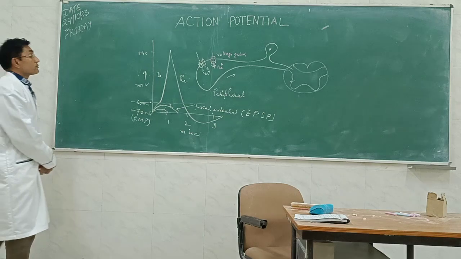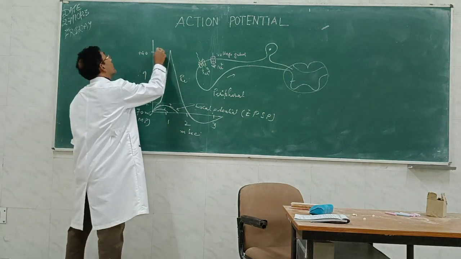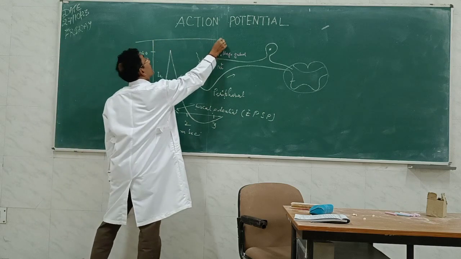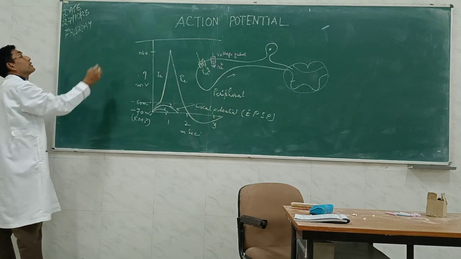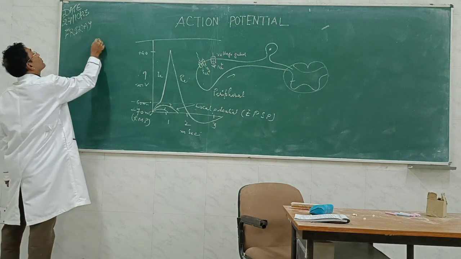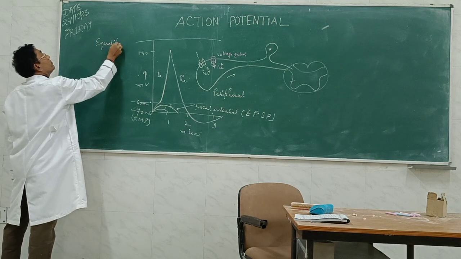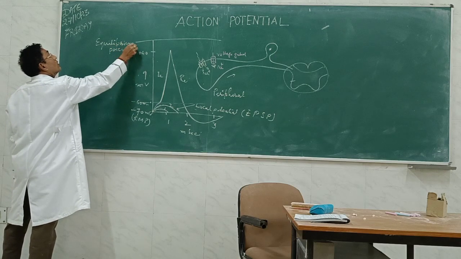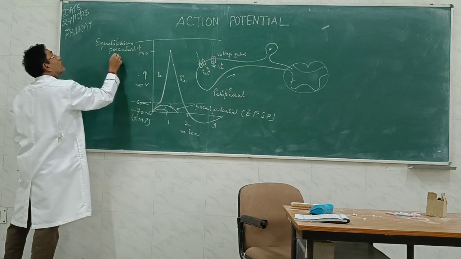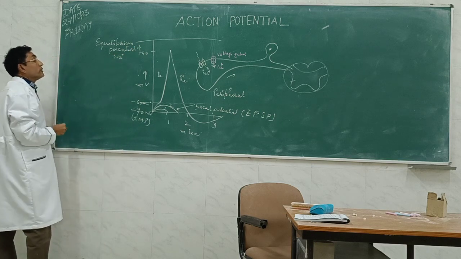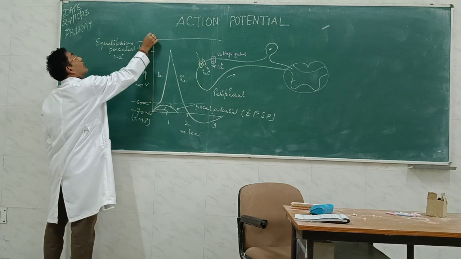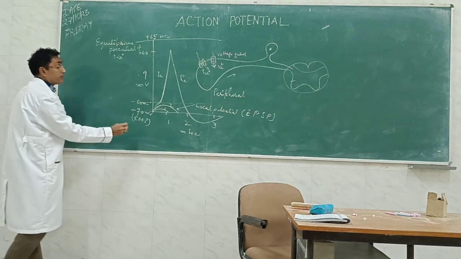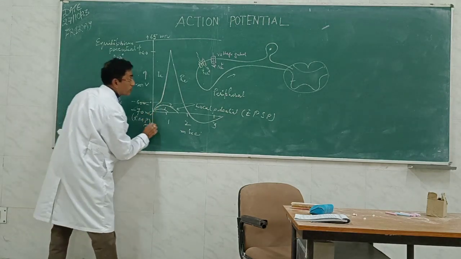Now coming to this plus 40 millivolt, there is another line we draw here. That is the equilibrium potential of sodium ion, and that becomes plus 65 millivolt. And here there is another for potassium ion.